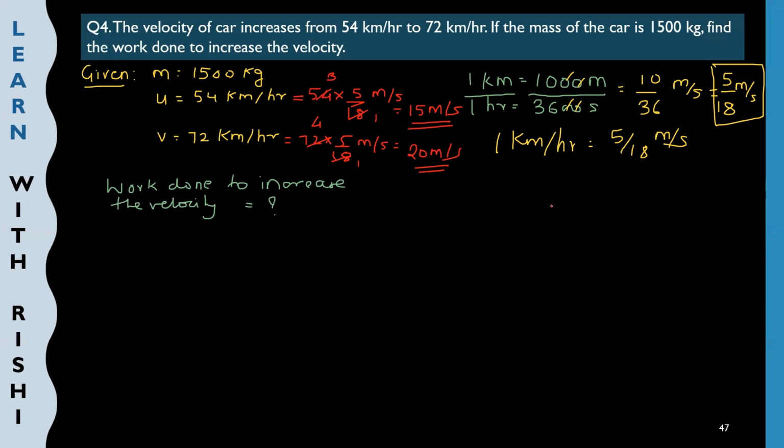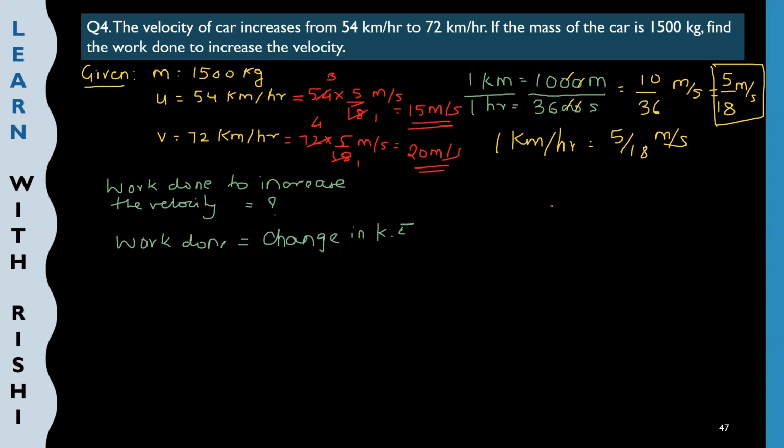So here the work done will be equivalent to change in kinetic energy. So here we have to calculate change in kinetic energy. Now what is change in kinetic energy? Change means final minus initial.